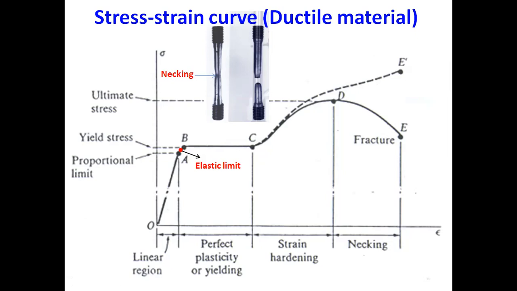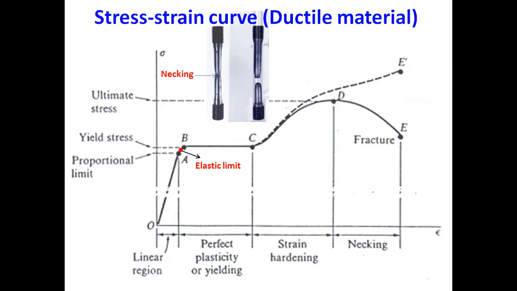So when we reach this yield point, permanent deformation would start in the material, or permanent set would happen, or yielding would start in the material. Without increasing the load, considerable strain would occur. The practical reason is that when we reach the yield point, the planes within the material would start slipping.